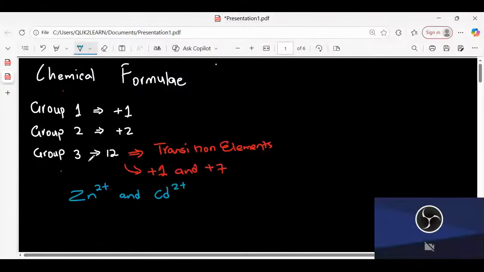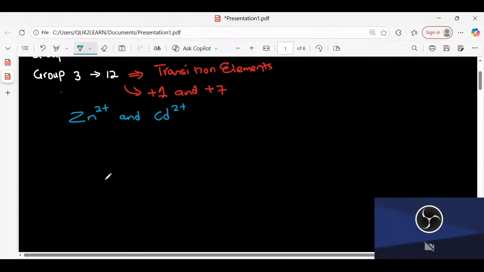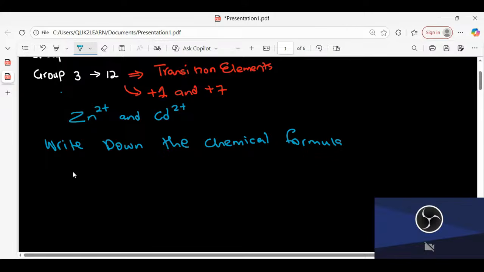Right. So let's say that I want you to write down the chemical formula for, let's say I give you magnesium chloride.